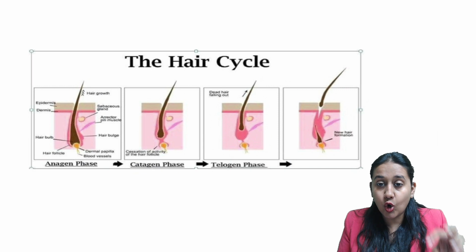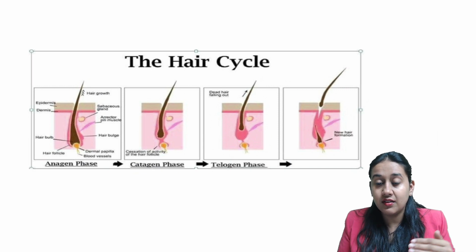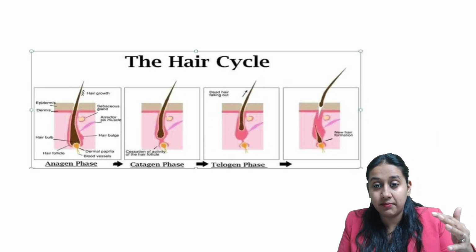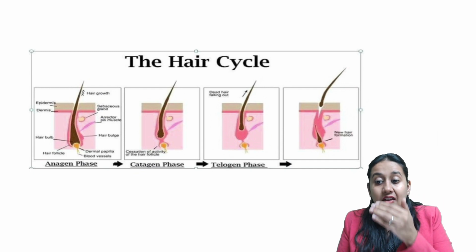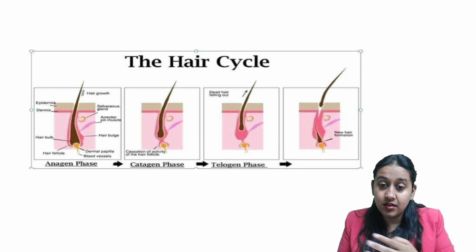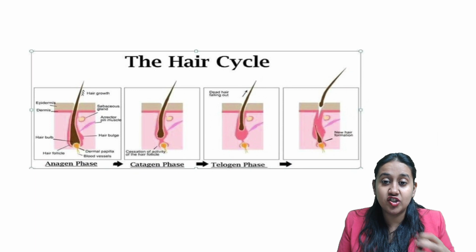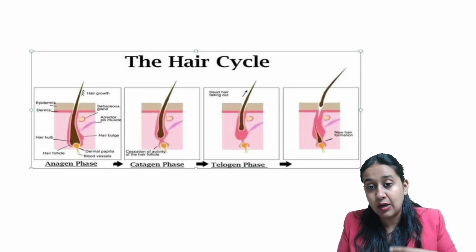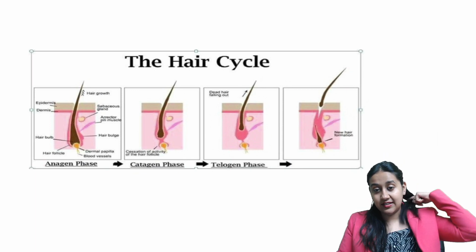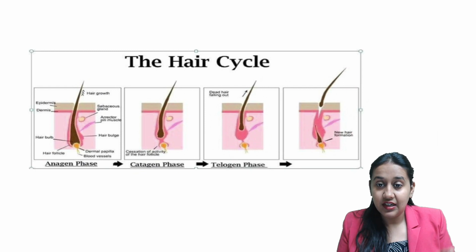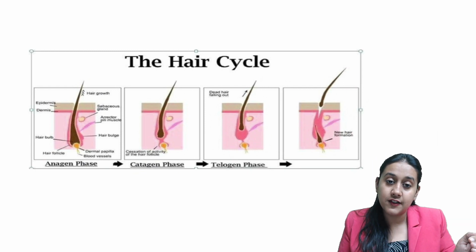Same thing on the scalp. Few hairs are in their growth phase. They are growing, becoming more and more tall. And there are few hairs which are in their deteriorating phase, which are having degeneration and are about to fall. This is known as a hair cycle. The hairs are in different proportions.